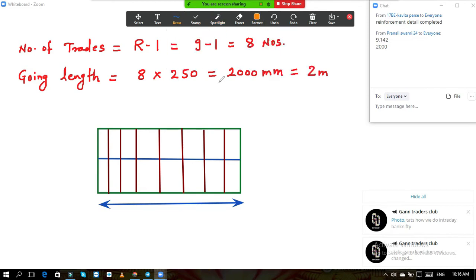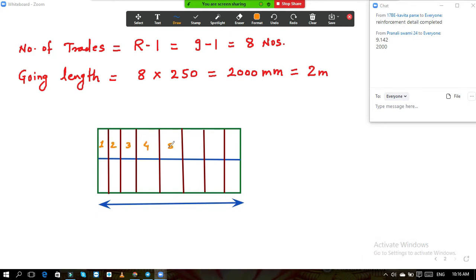For your understanding, I am drawing this diagram. So 8 into 250, this total length will become 2000 mm, which is nothing but 2 meter. Okay. So this is called as going length.